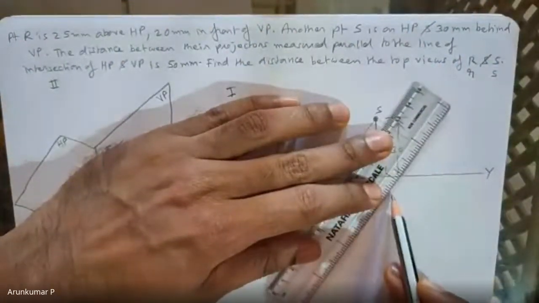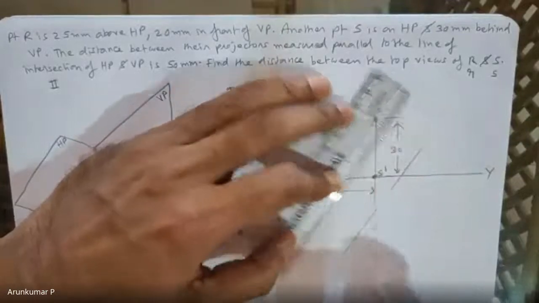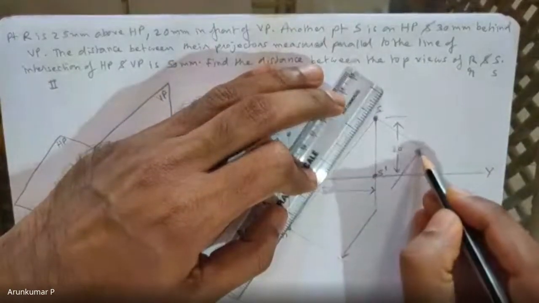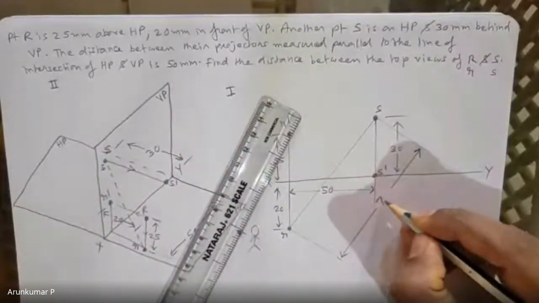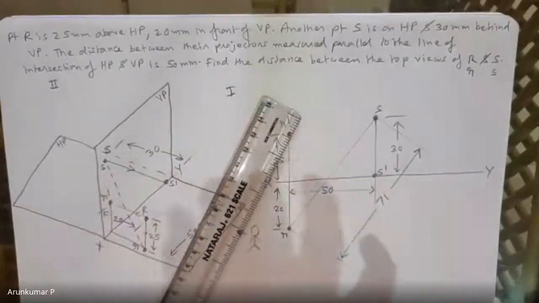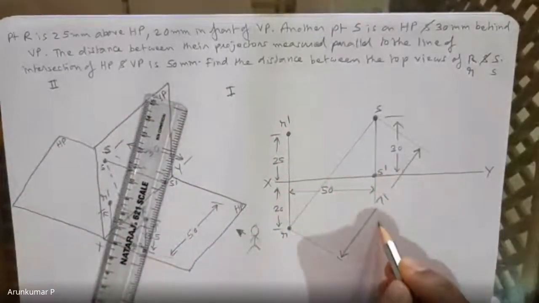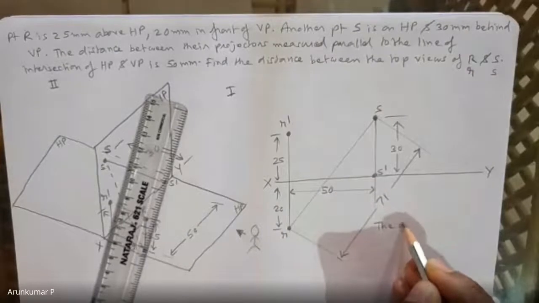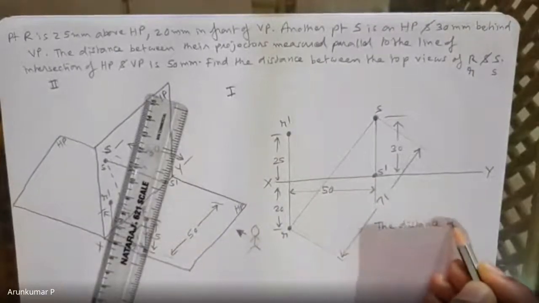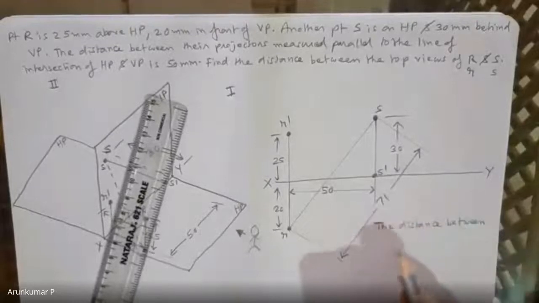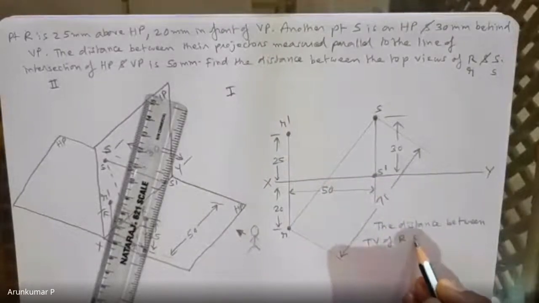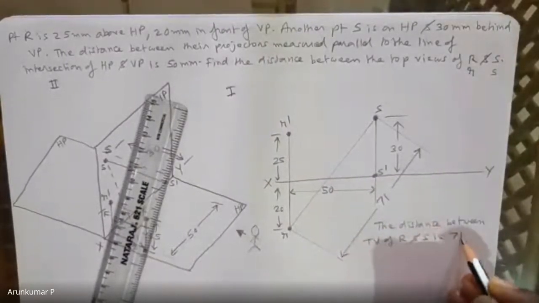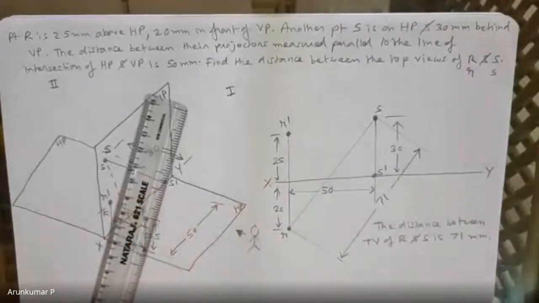What is the length of this line? Around 71 mm. 70.71. Yes, 70 or 71 mm. So that is what you have to write: the distance between the top views of R and S is 71 mm. This is your solution.